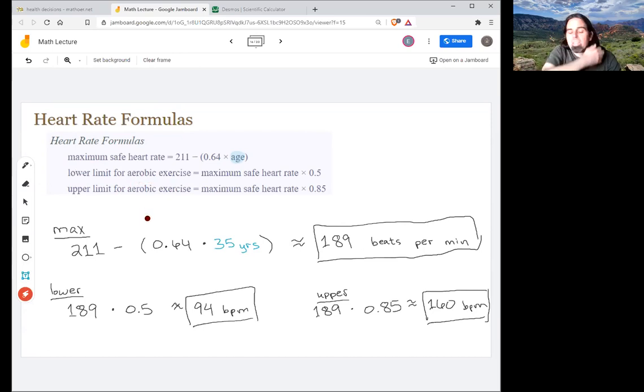Your body is burning a different ratio of fats and carbs when you're doing aerobic exercise. And to get your body in that different metabolic state, you have to have a heart rate of at least a certain amount. And you probably don't want to get closer than 85% of your max. If your workout is so intense you're at 160, that's a good place to stop. Don't try and push it harder, or you might accidentally hurt yourself.